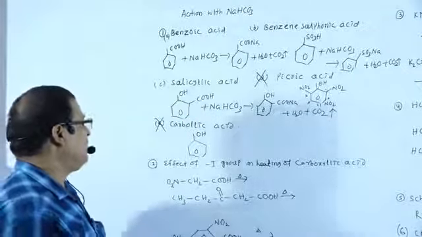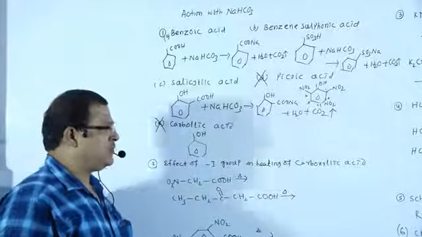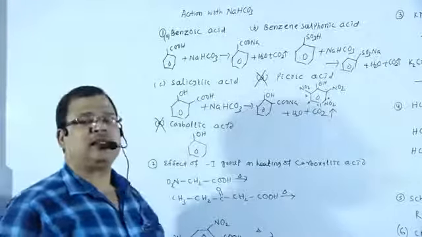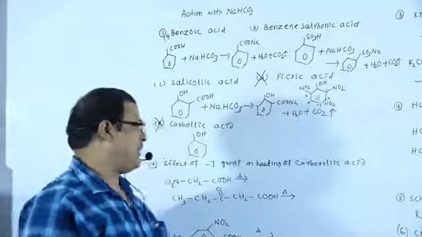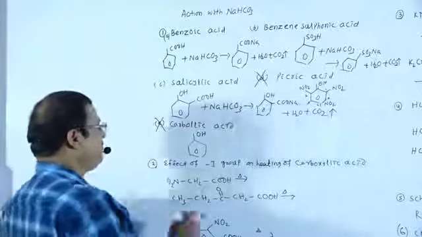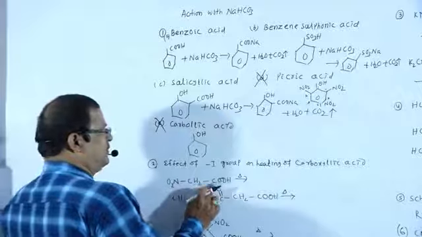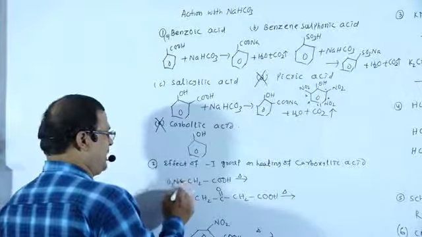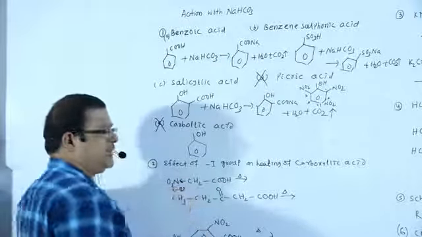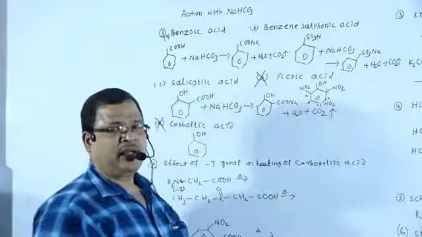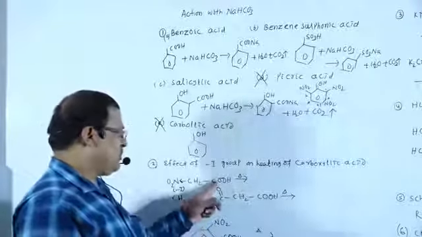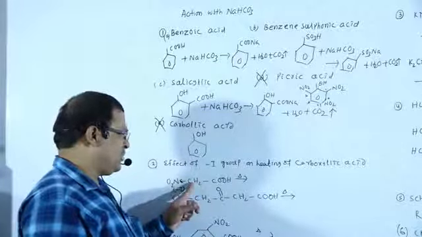Next we will explain the effect of a -I group on carboxylic acids if it is present at the alpha position. For example, a COOH group with an NO2 group. NO2 is treated as a -I group, a negative inductive, electron withdrawing group.